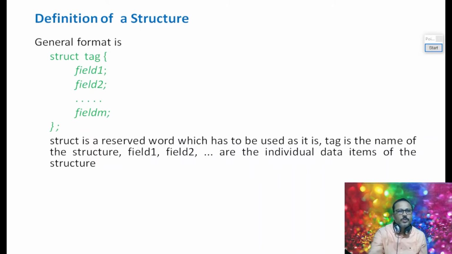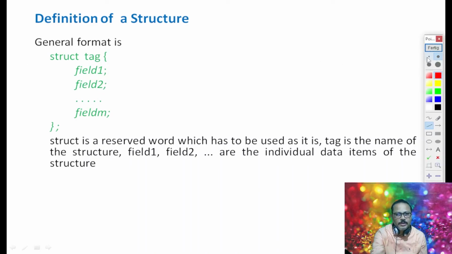Struct is a reserved word, so you have to use it as it is. It indicates that it is a structure. Be careful: s should be only a small letter, not a capital letter. Struct and then tag.